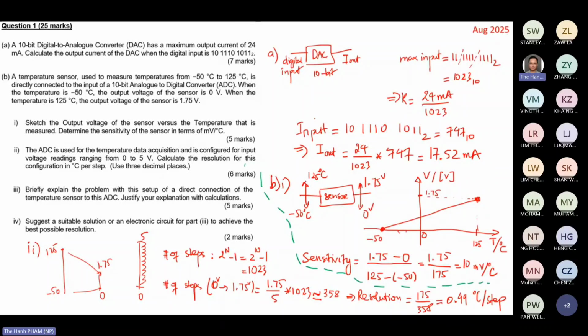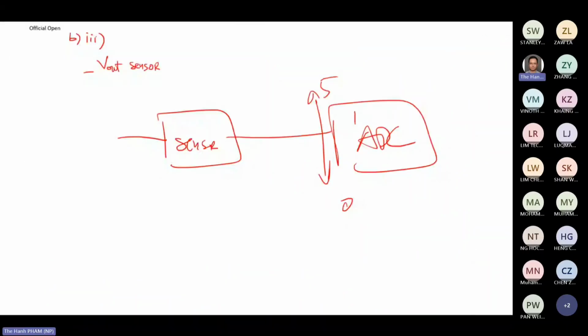Let me draw here. This one is a sensor, then linked to the ADC, right? ADC requires 0 to 5, right? And this one is 10 bit. Therefore, from 0 to 5, we have 1023 steps, right?